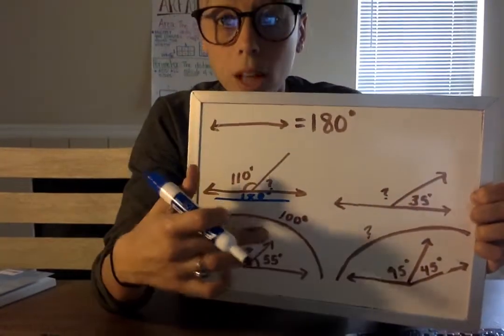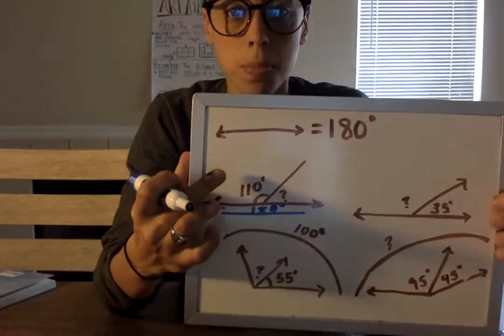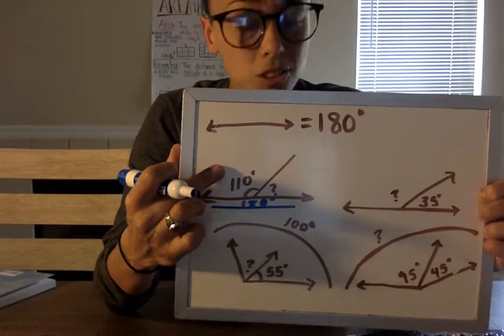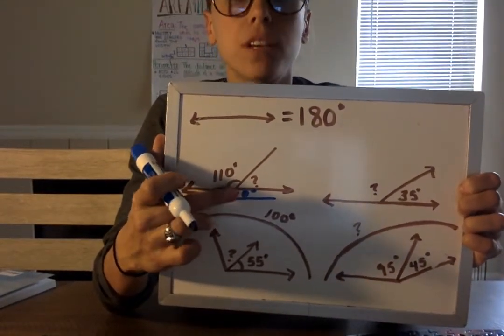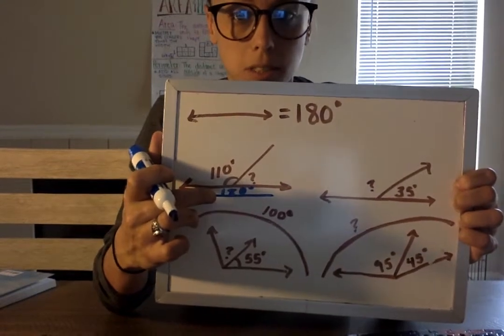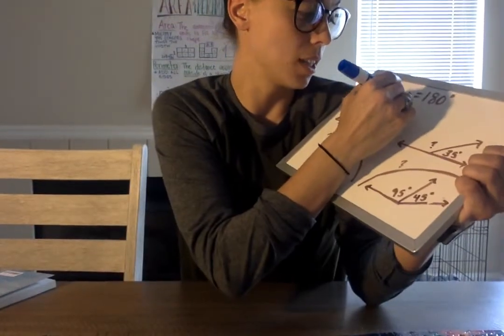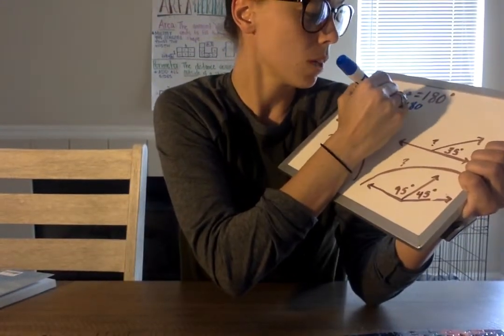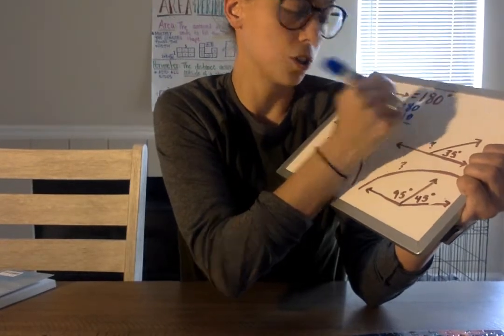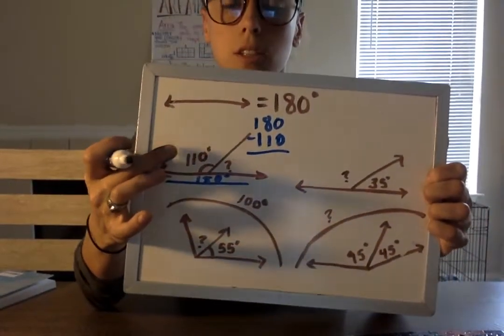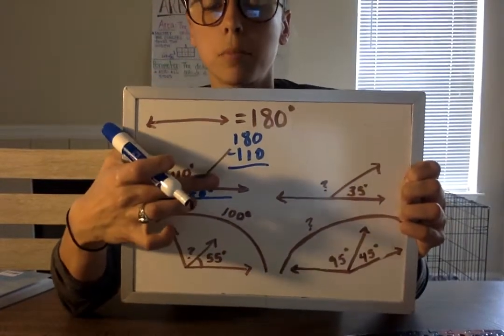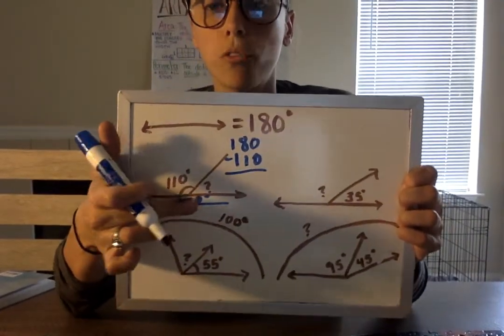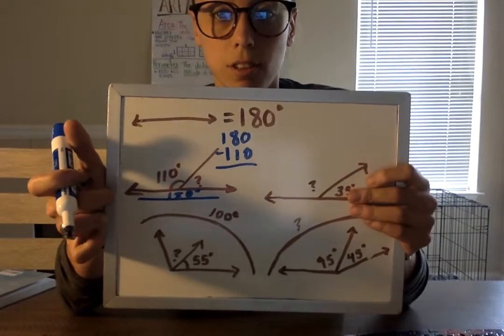So if that whole line has to equal 180, and we've already used 110 of it, how are we going to figure out the question mark? How would we figure out this acute angle that's missing? What you're going to do is take that 180 and subtract 110, okay? Because that's the number that we know, so that means that 110 degrees have already been used up of the whole full 180 degrees of the line.